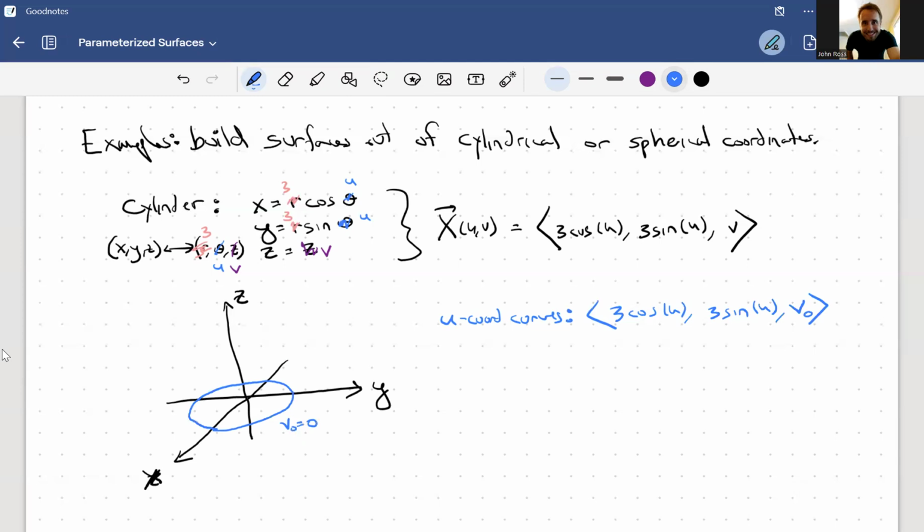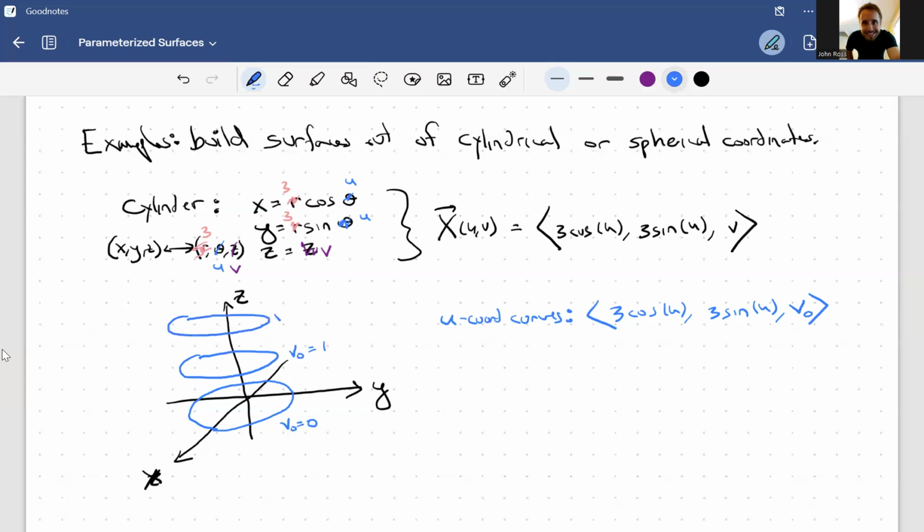And then similarly, if v naught was equal to 1, we would get a circle of radius 3 situated at height 1, because the parameterized curve would be 3 cos u, 3 sine u, comma 1. And so that would be v naught equals 1. And then let's do one more.